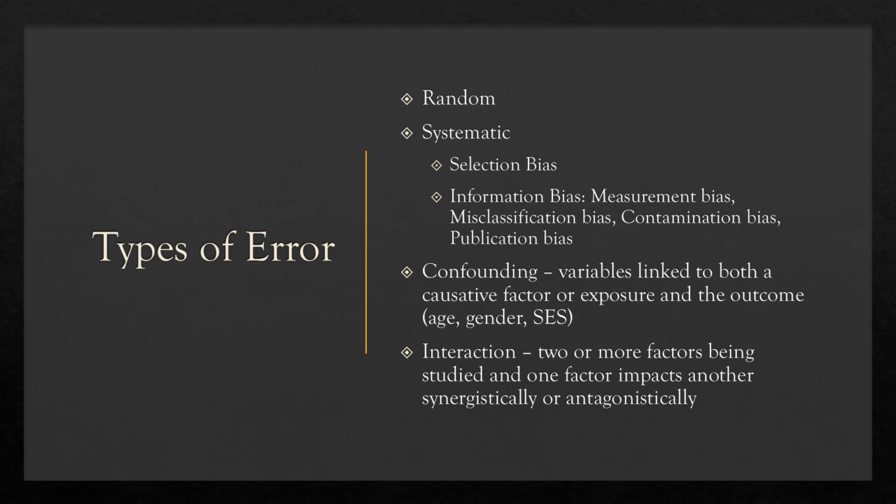So it's important to be thinking about those variables that may be part of the population, such as their gender, their environmental exposures, those socioeconomic factors that are outside the variable that you're studying, but may be impacting the outcome.